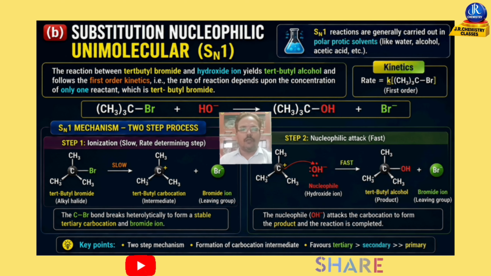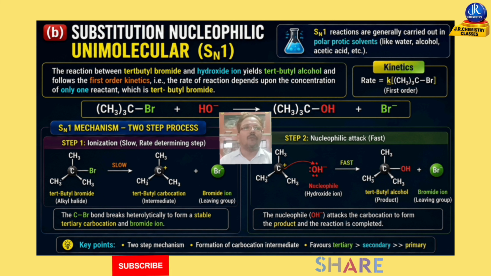Substitution nucleophilic unimolecular, SN1. SN1 reactions are generally carried out in polar protic solvents like water, alcohol, acetic acid, etc. The reaction between tertiary butyl bromide and hydroxide ion yields tertiary butyl alcohol and follows first order kinetics.